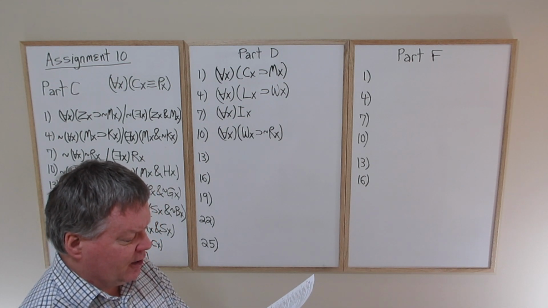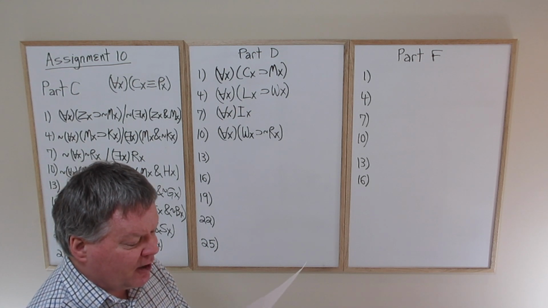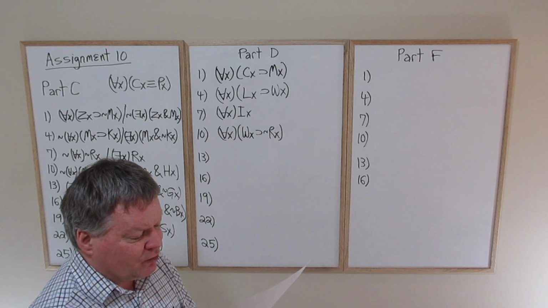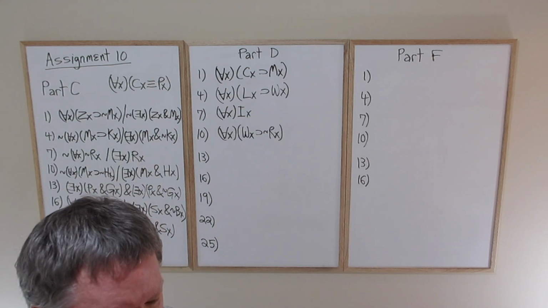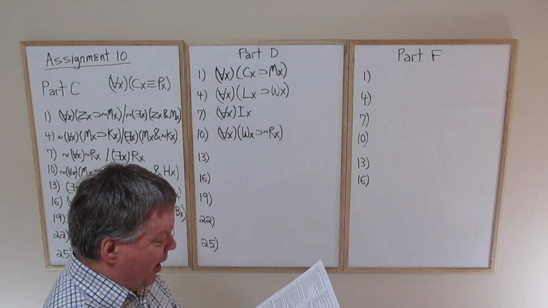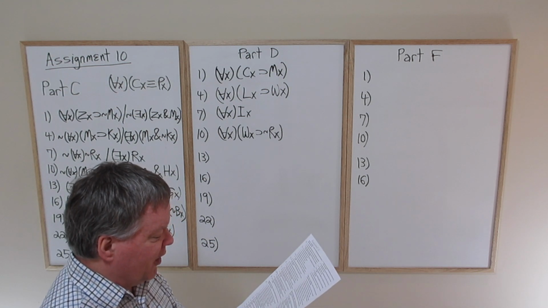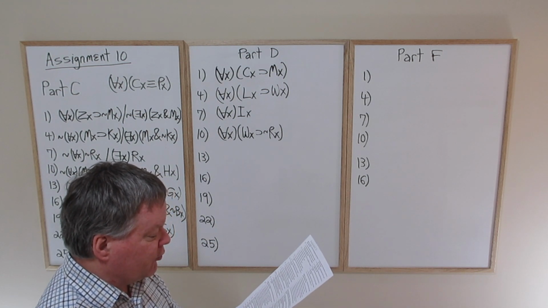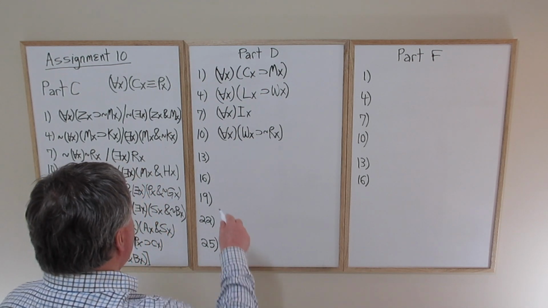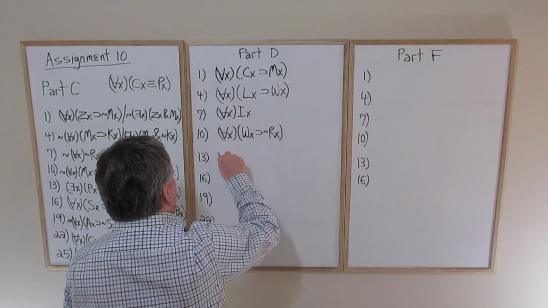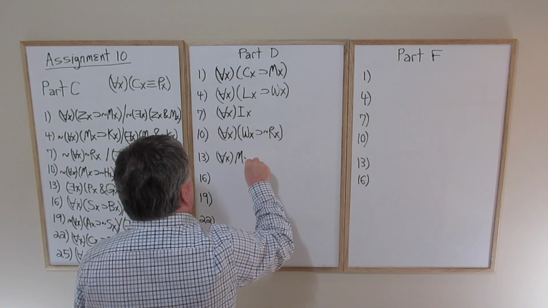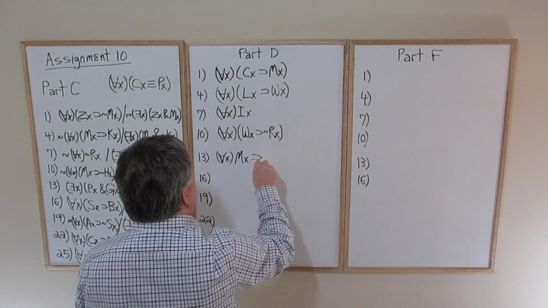Number 13. If everything is mental, then nothing is physical. Here we've got a conditional, the antecedent, everything is mental, the consequent, nothing is physical. The antecedent then is all X are such that X is mental.